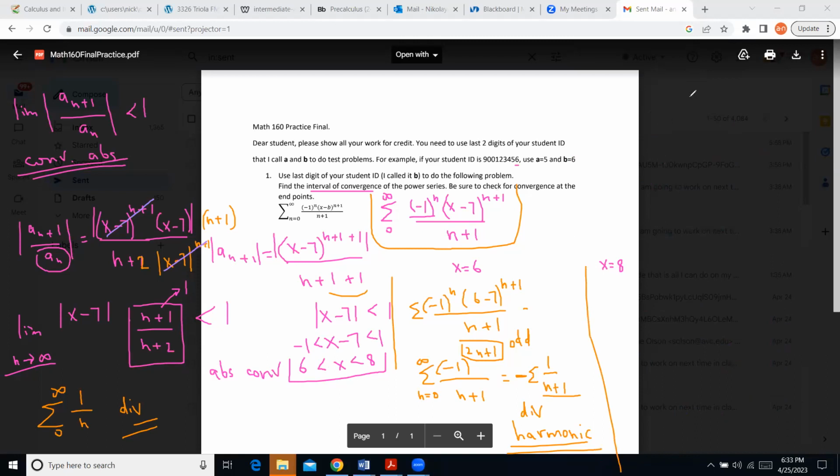So if I have a series, again, it's still -1 to the power of n, and now we put 8 minus 7. So this is the key part for us right now, power of n plus 1, and it's still divided by the same thing, by n plus 1. So notice this is going to be the number 1 raised to some integer power. So it's just the number 1. So I don't even need to bother to write it.